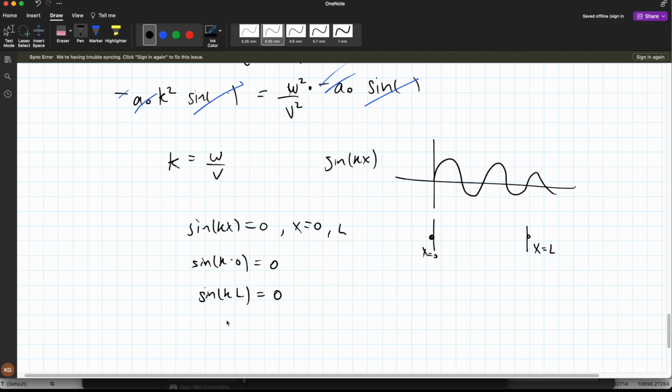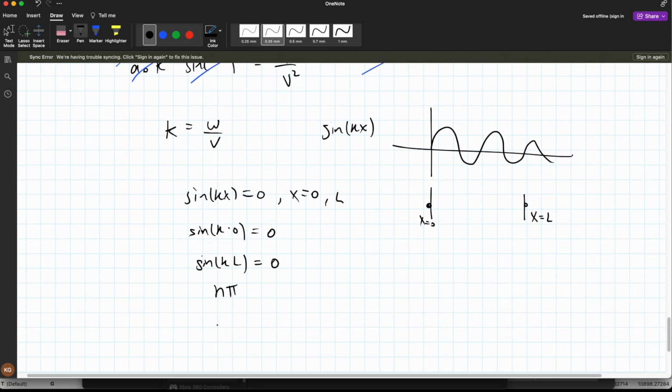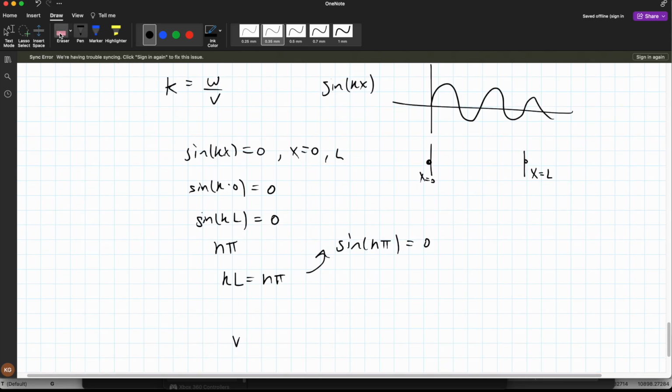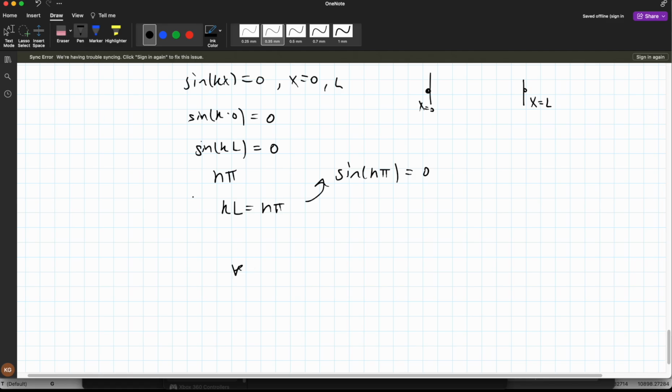But you might know that when the argument of the sine is an integer multiple of pi, we can call that n pi, then sine of n pi is always 0. So k L equals n pi, because sine of n pi is always 0.